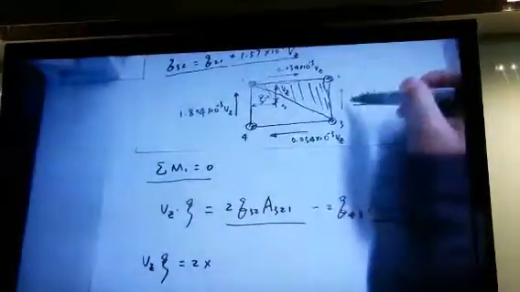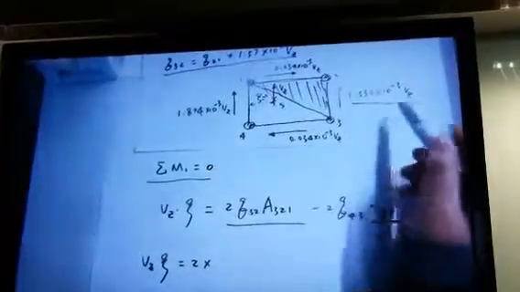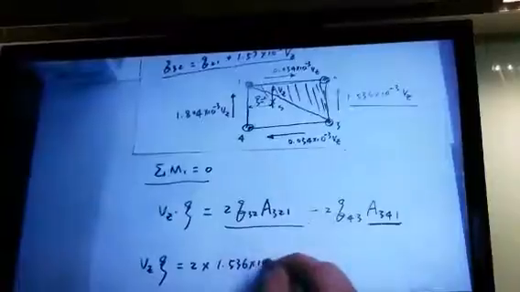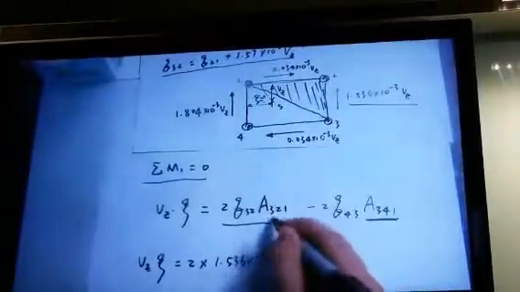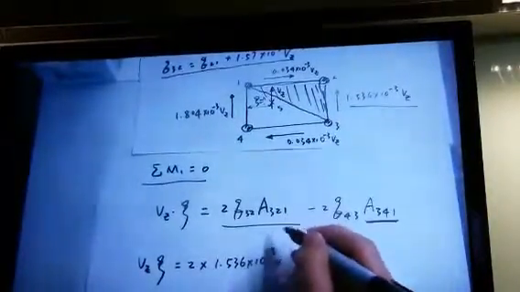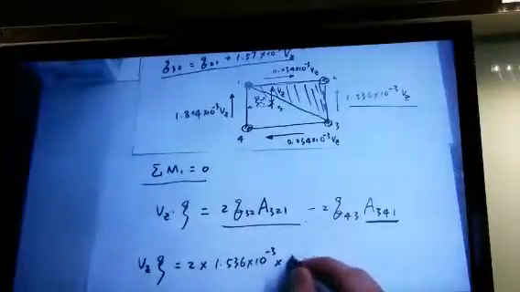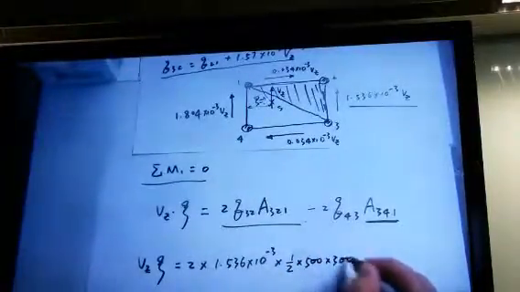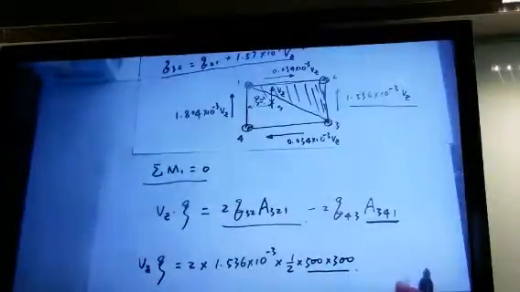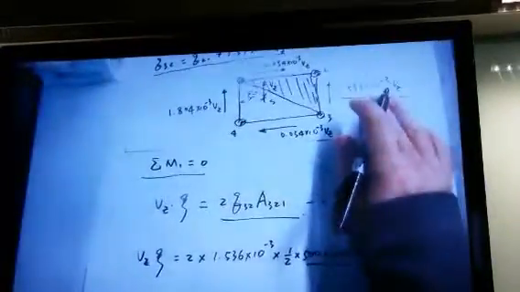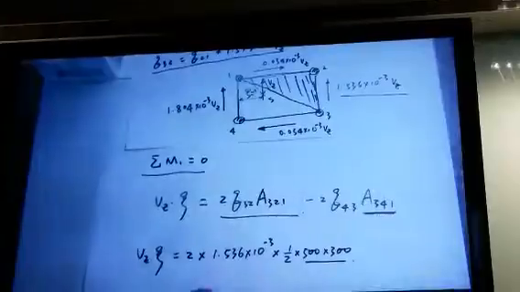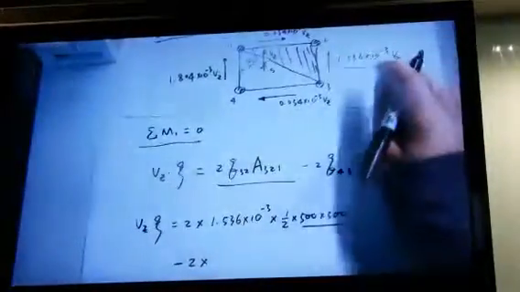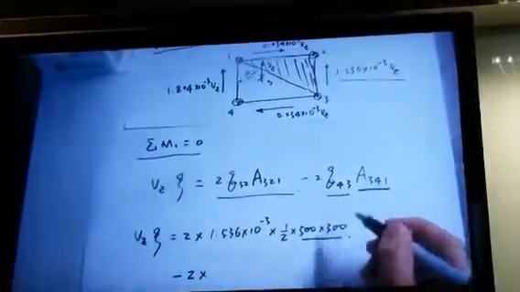Then we use Q32 here. It's this much, 1.536. In this area, 3 to 1, 1/2 of this rectangular area. The rectangular area is 500 times 300, and 1/2 of that. And minus 2 times Q43.